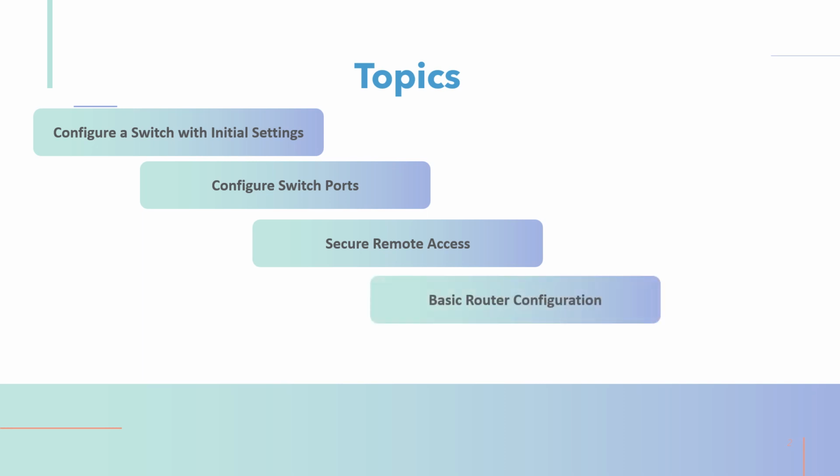We will even see the configuration on a router to route between two directly connected networks using the command line, and after we do all this configuration, we will verify connectivity between two networks that are directly connected to a router.